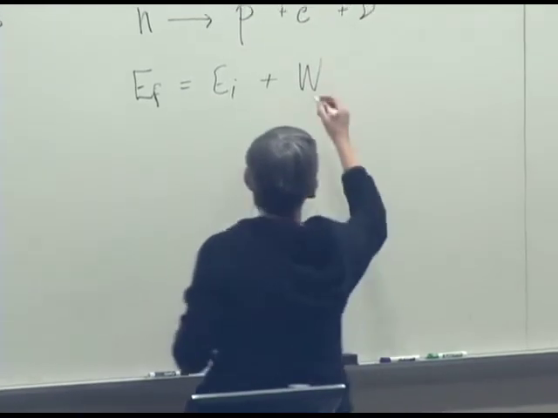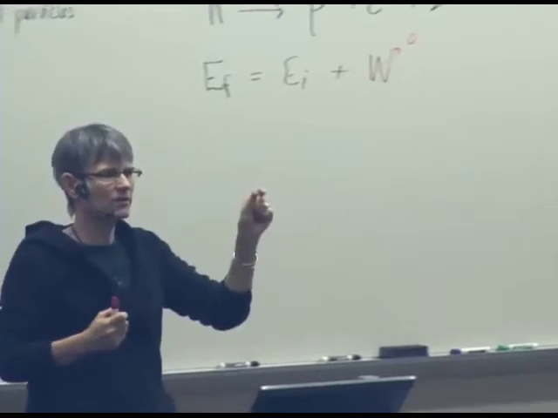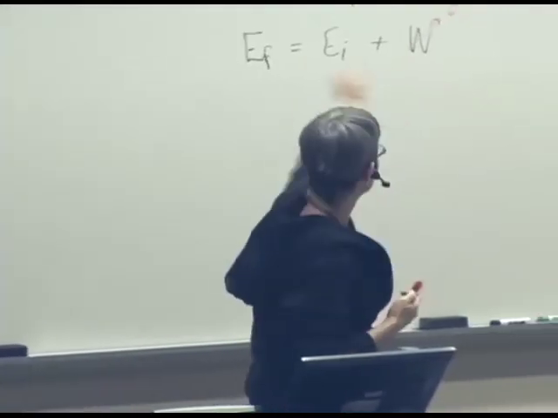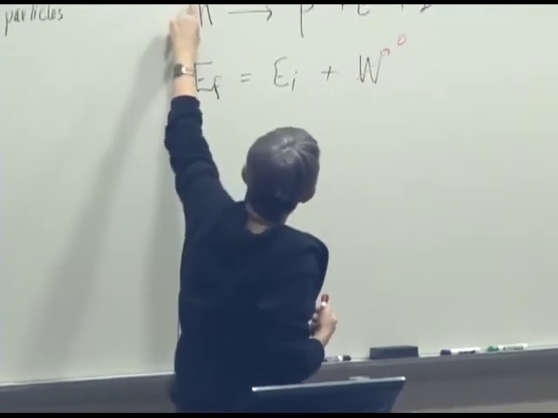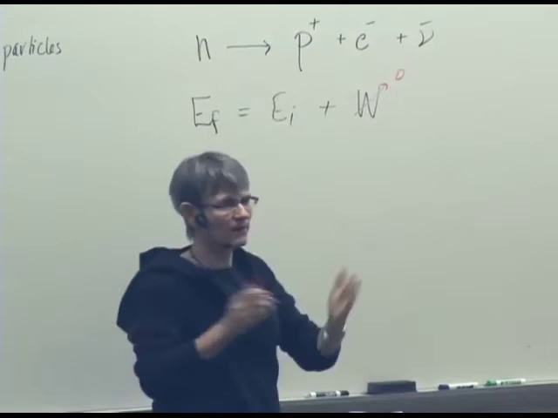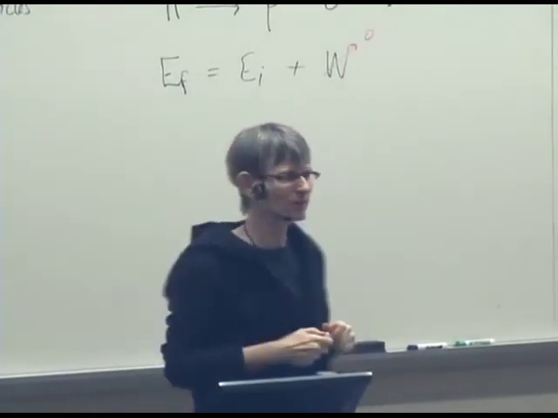So in this case, it's 0. Even if the neutron was right here near the Earth, despite the fact that the Earth is exerting a gravitational force on the neutron and on these products, if we just take our initial state right before it falls apart and our final state right after it falls apart, the Earth hasn't had time to do much work.